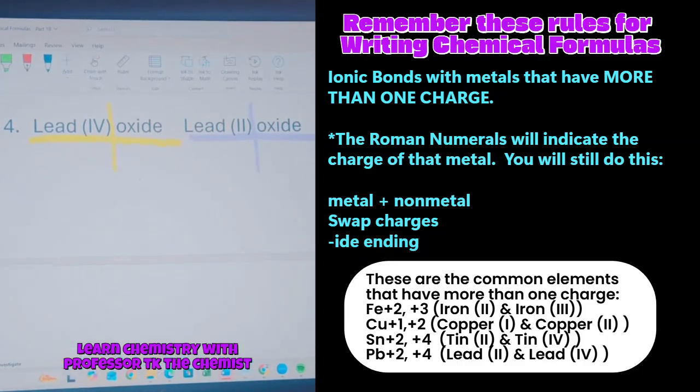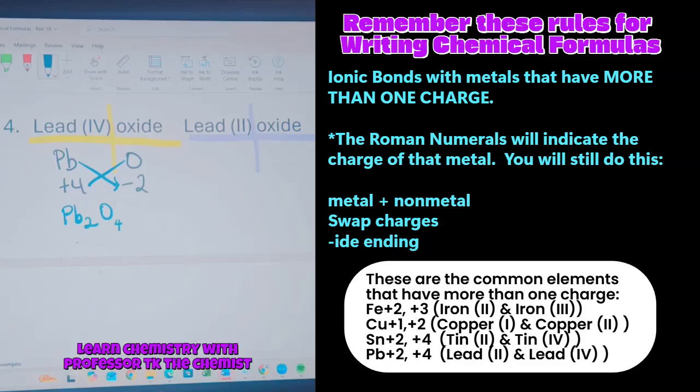Right here, you've got lead, Roman numeral 4, oxide. Those are the charges. Roman numeral 4 tells you a positive 4 charge. Again, swap them. Lead picks up the 2. Oxygen picks up the 4.